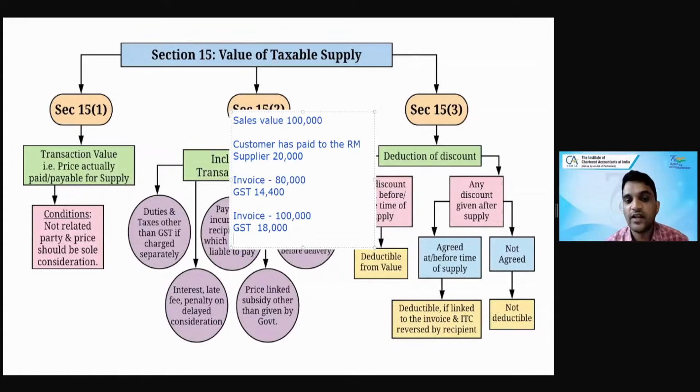That's the reason they are saying that when you have this transaction where you are raising the invoice for 80,000, please add the payment which is incurred by the recipient for which the supplier is liable to pay. So please include 20,000 and make it 1 lakh. And that's why you will charge GST not at 14,400 but at 18,000.